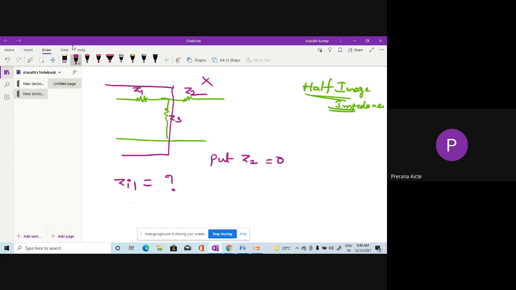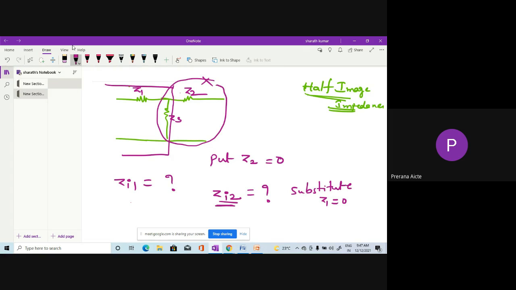If you want to calculate ZI2, ZI2 is nothing but subjected to port 2, right? That means the examiner is asking you the question at port 2, ZI2. So substitute Z1 equal to 0, then you will get ZI2.